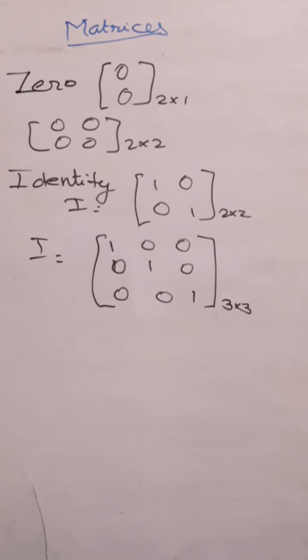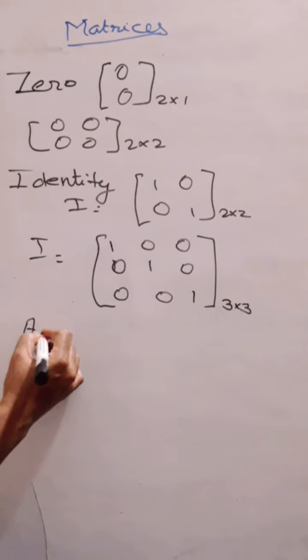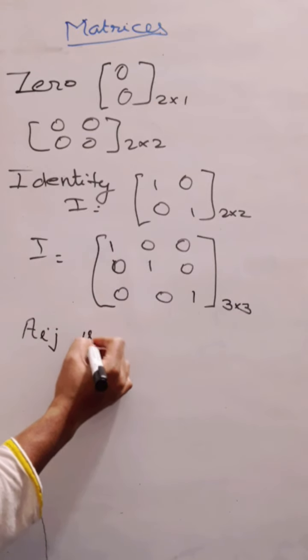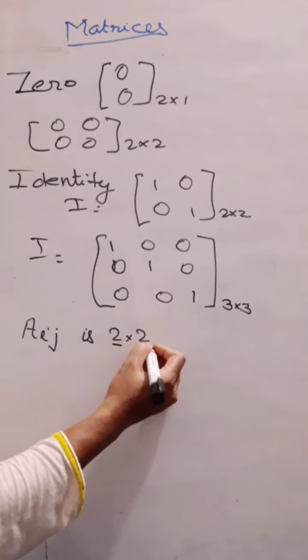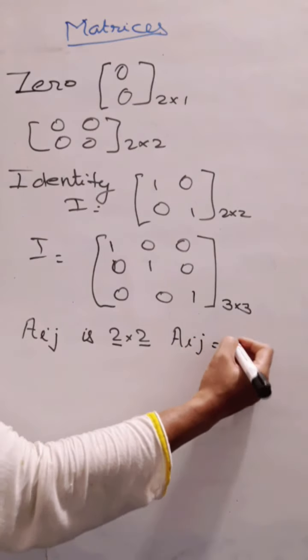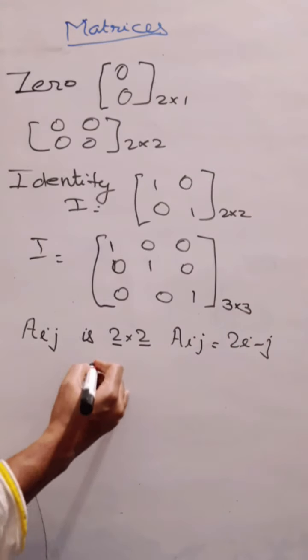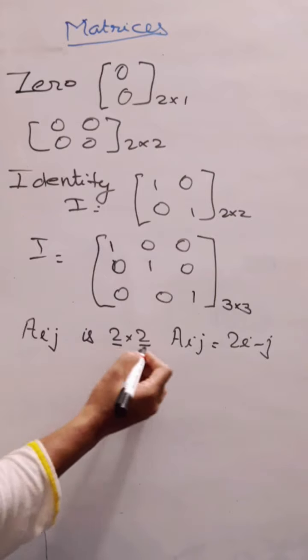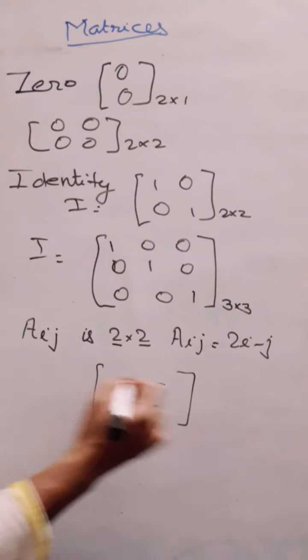Now suppose they have a problem that Aij is of order 2 by 2, means 2 rows and 2 columns, and Aij is defined as 2i minus j, then you have to form a matrix. Now it is of 2 by 2 order, means I will have 2 rows and 2 columns.